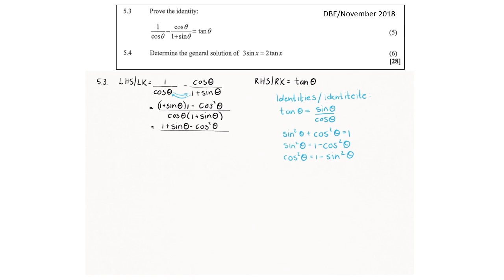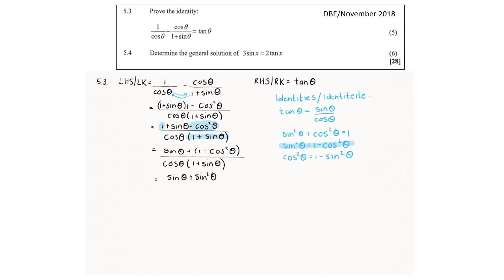In the denominator, we have cos theta times 1 plus sine theta, and in the numerator, we can take 1 and the minus cos squared theta and replace it by sine squared theta, since sine squared theta is equal to 1 minus cos squared theta. Now, the reason why we do that is that after we replaced 1 minus cos squared theta with sine squared theta, we have sine theta plus sine squared theta in the numerator, and this can be factorized as sine theta times 1 plus sine theta.